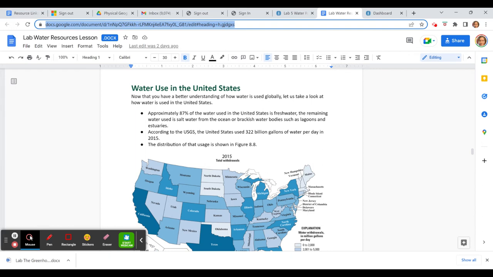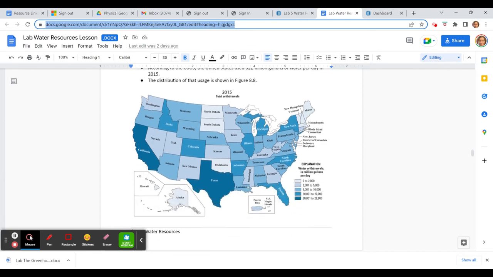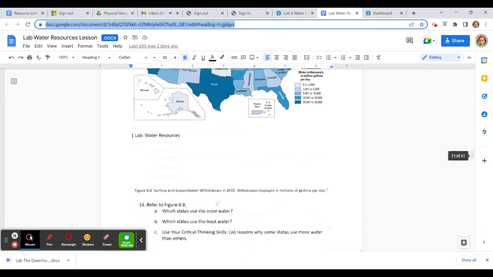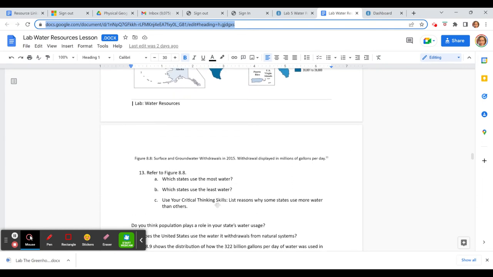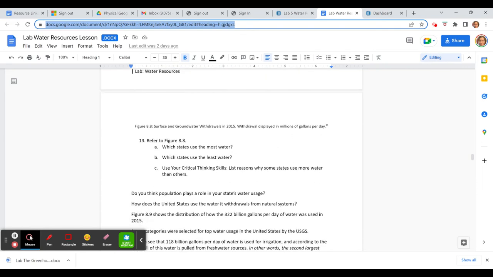According to the USGS, the United States used 322 billion gallons of water in 2015, and the distribution is shown on this map. The distribution of water in the United States was highest in places like California and Texas. In your lab, you will be explaining which states use the most water and which states use the least water.